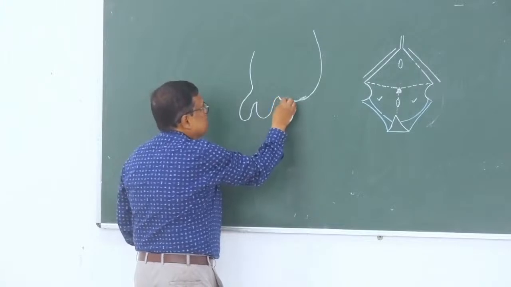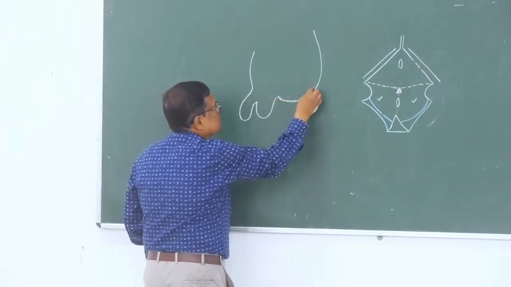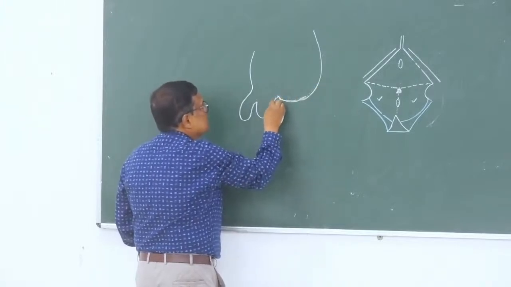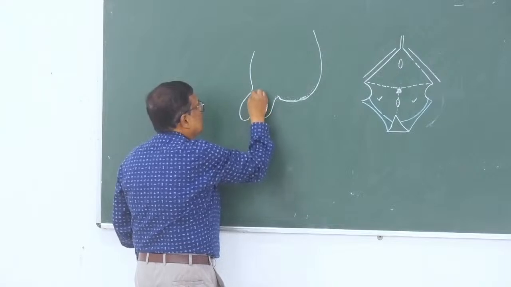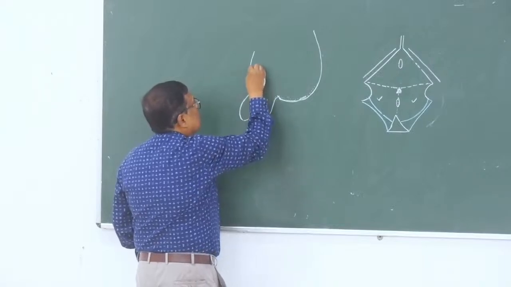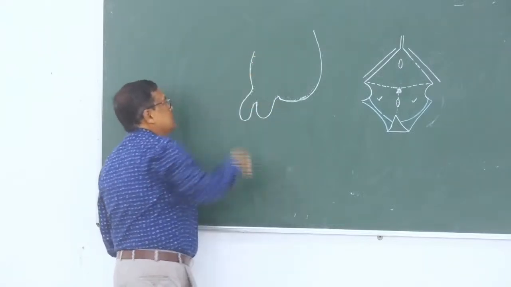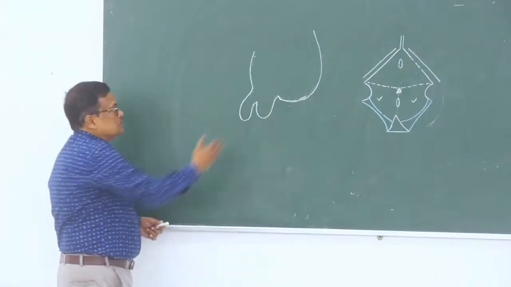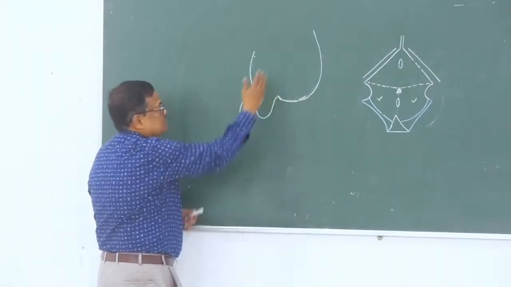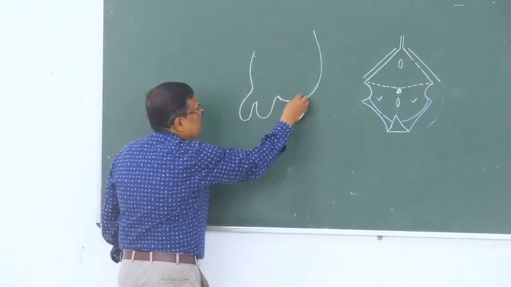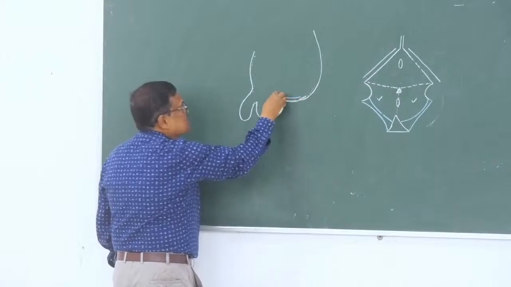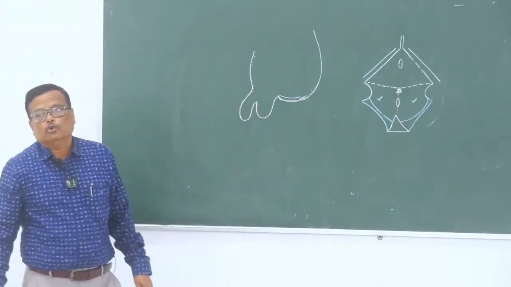Beside it there is a superficial fascia, the superficial fascia of the anterior abdominal wall. Just deep to it, there is a membranous layer of the superficial fascia. We call it Colles fascia.